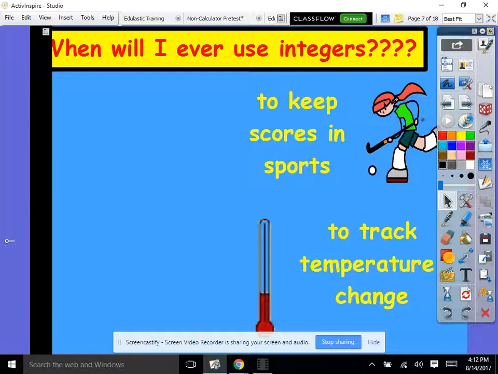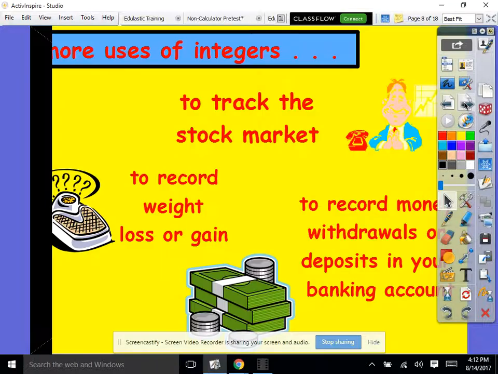If temperature goes down, that's negative. If it goes up, that's positive. We use integers to track the stock market, to record weight loss or gain, and to record money withdrawals or deposits in your bank account. Think about whether withdrawals would be positive or negative. Deposits, would they be positive or negative?